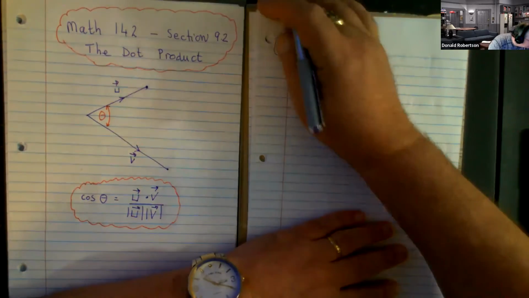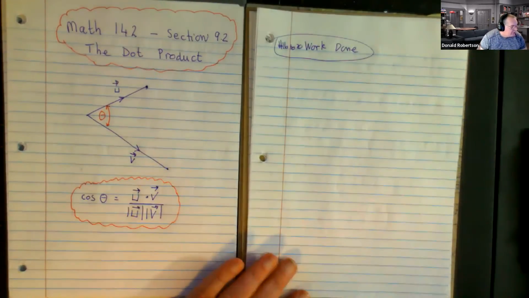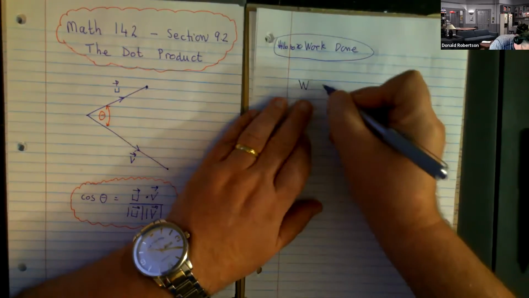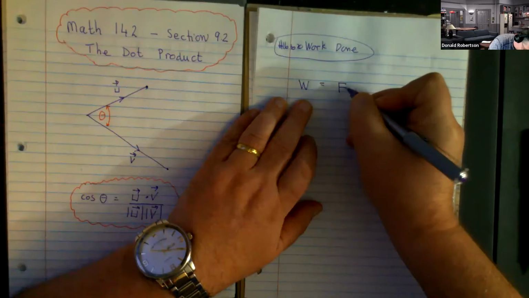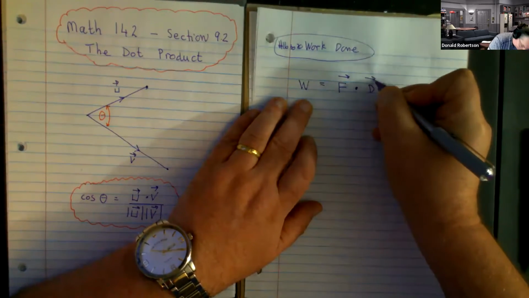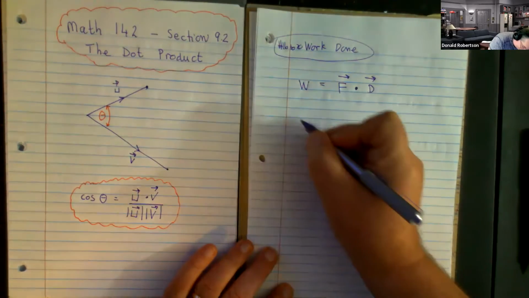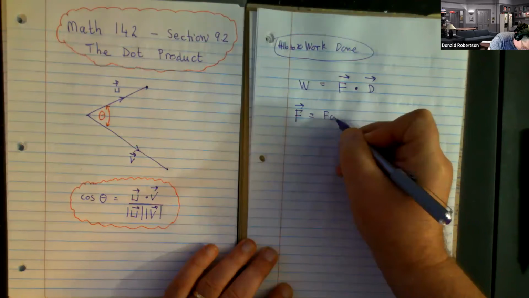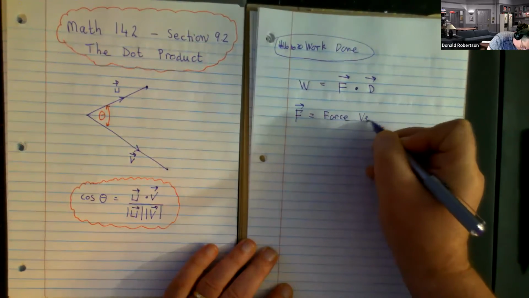So, the formula for calculating any work done, W for work done, is a dot product of 2 vectors, F and D. F is the force vector.